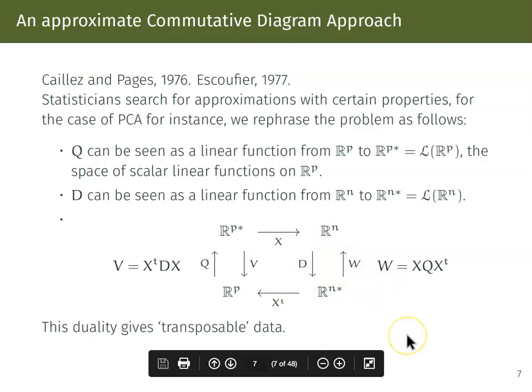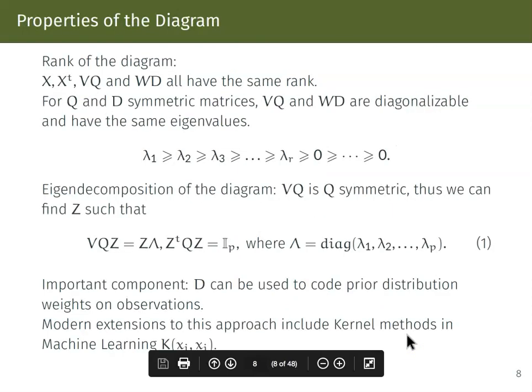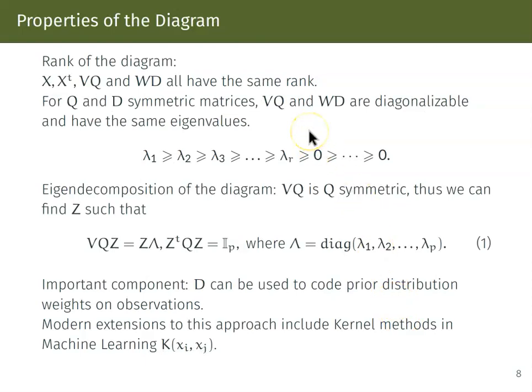And the fact that the diagram commutes is a duality principle, which tells us that whether you take the eigendecomposition of VQ or of WD, they have the same eigenvalues. And this is really important because very often one of the dimensions is small and the other is large.